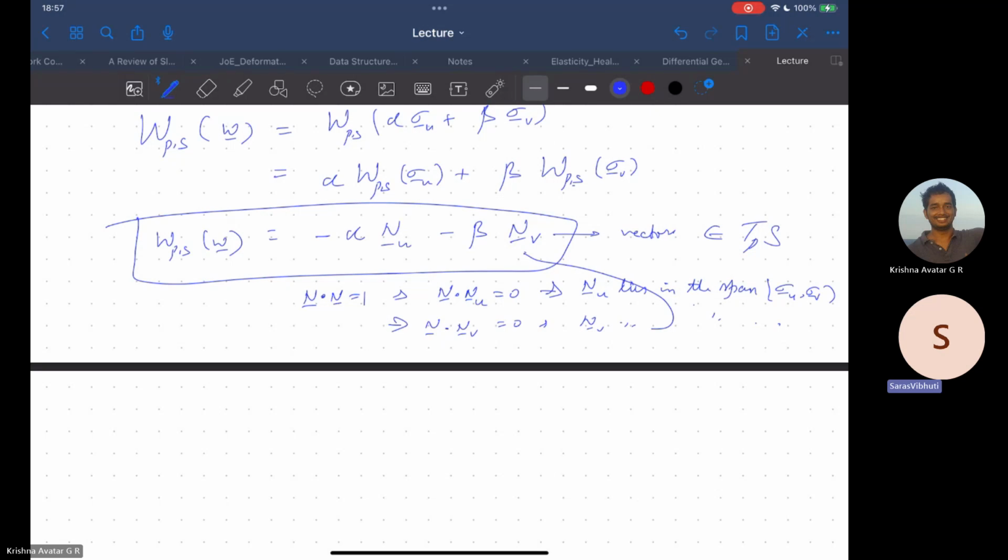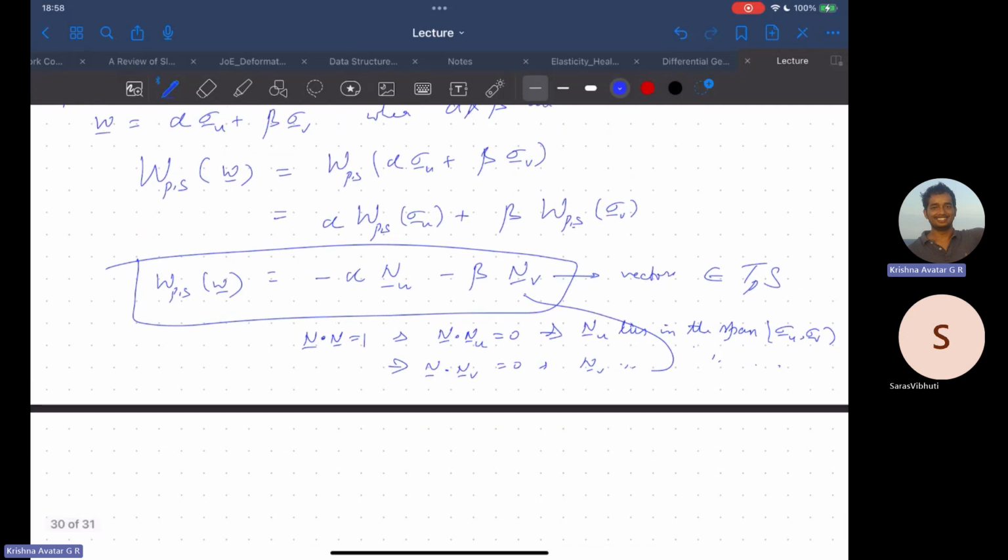I hope I am able to make this clear. Yes, it is kind of clear. So the Gauss-Weingarten map is mapping to T_P S. We took a vector in T_P S and we could map it to T_P S. The only good thing is that for operational scenarios, we don't need to memorize all that.